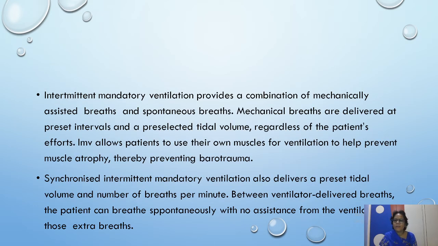Next is intermittent mandatory ventilation. It provides a combination of mechanically assisted breaths and spontaneous breaths. Mechanical breaths are delivered at preset intervals and a pre-selected tidal volume regardless of the patient's efforts. Intermittent mandatory ventilation allows patients to use their own muscles for ventilation, which helps prevent muscle atrophy and barotrauma, so there is no injury to the lungs or the respiratory muscles.